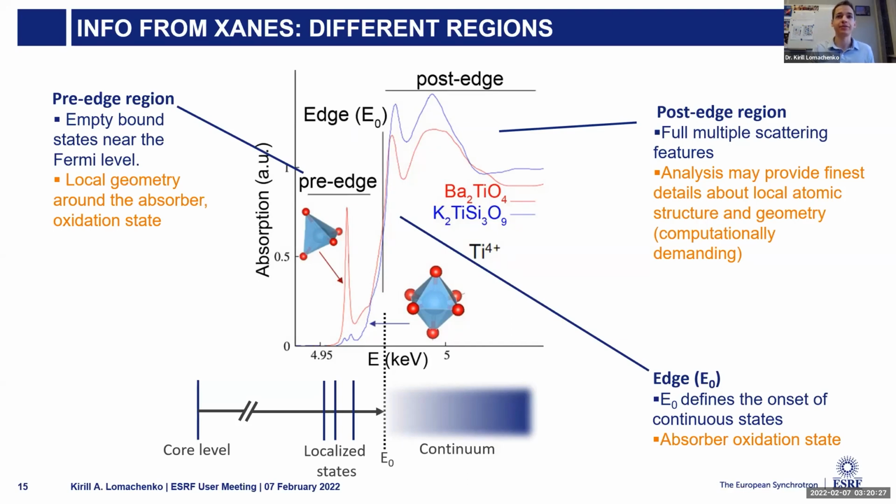And the post-edge is a signature of a particular geometry, and can reveal details about the local atomic structure. But to analyze it quantitatively can sometimes be computationally demanding. Well, there are different ways to do so, which we'll discuss.